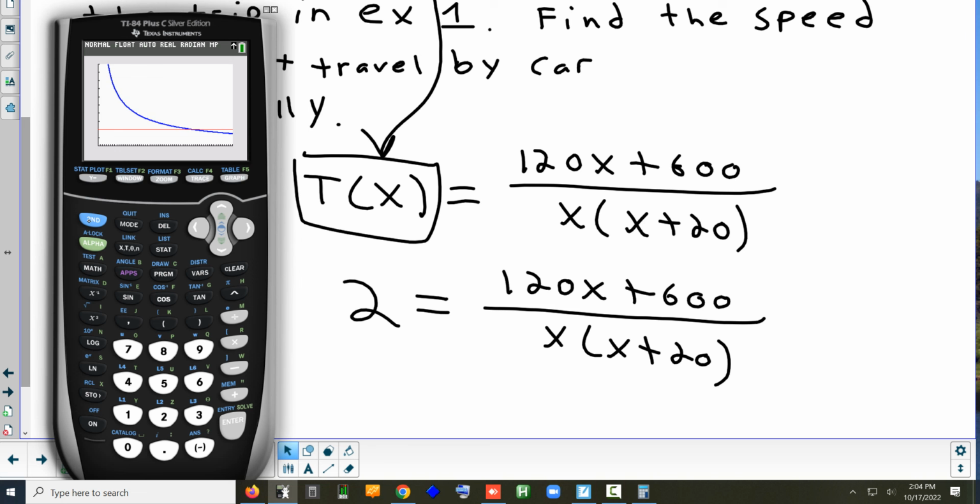Second, and then what? Trace. And which option do we want? Intersect, yeah, option 5. So first curve, second curve, and then yes, I just hit enter each time.